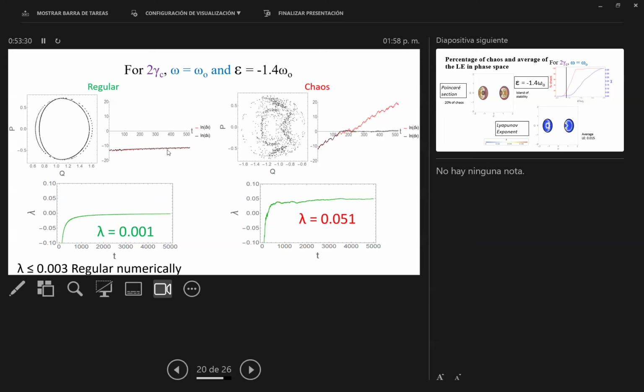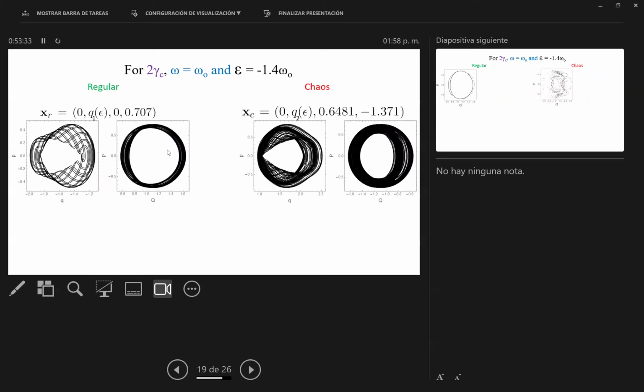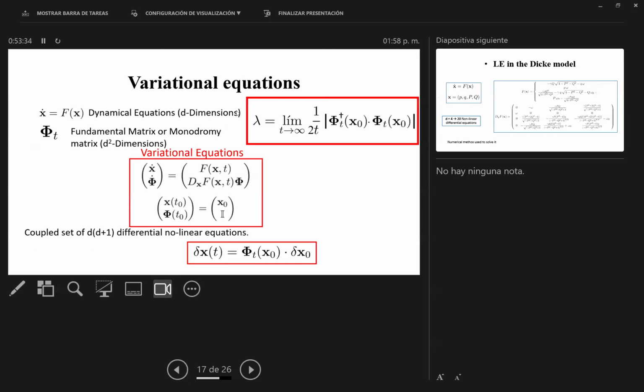In one previous slide I used only the norm of this product, because I'm interested only in the biggest one. But as Miguel said, in general we have vectors that can spread or reduce the dynamics in different directions in the phase space, and these directions are explained by the spectrum of the Lyapunov exponents.